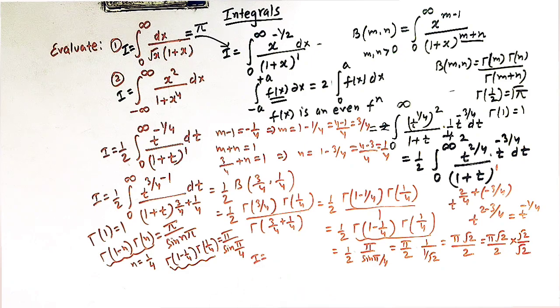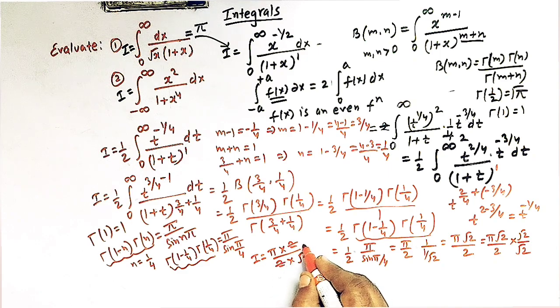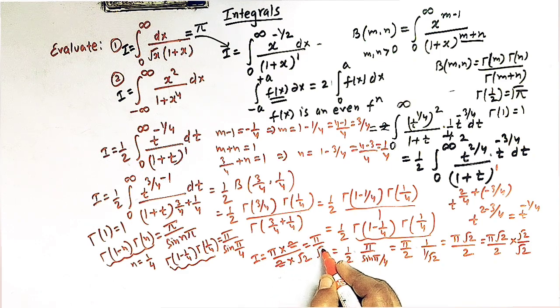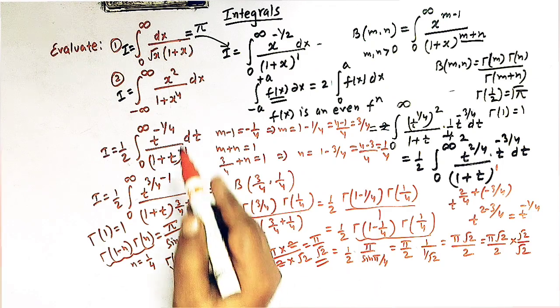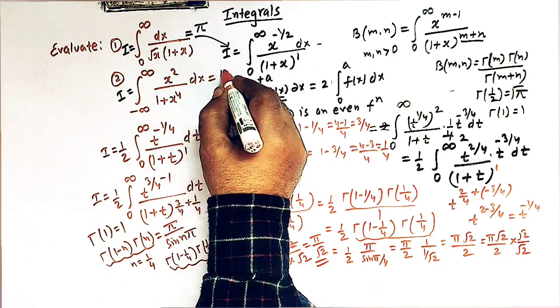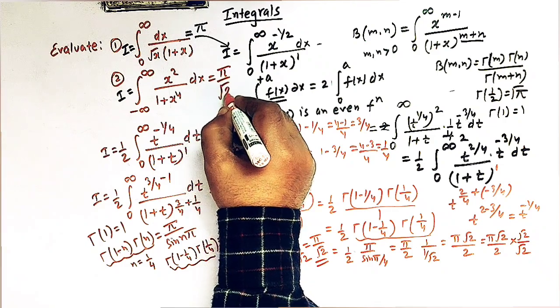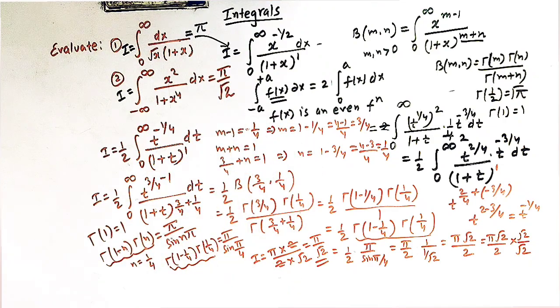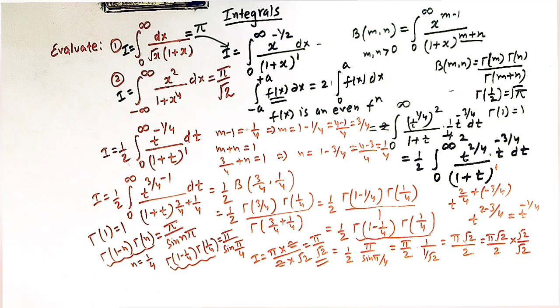So the value of I is now equal to pi times root 2 times root 2 is 2, and here we have 2 and here we have root 2. So 2 and 2 get cancelled, so we are left with pi over square root of 2. So viewers, the value of this integral is equal to pi over square root of 2. This is how, by the application of beta and gamma functions, we can easily evaluate these kinds of integrals.